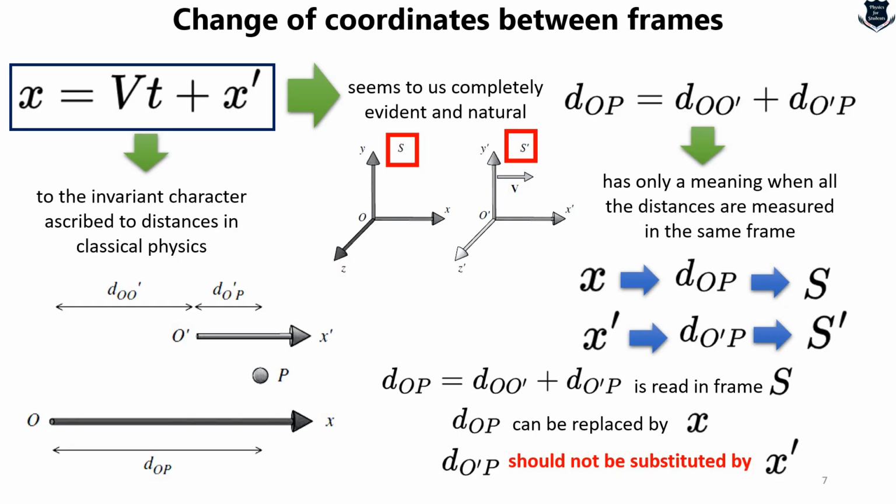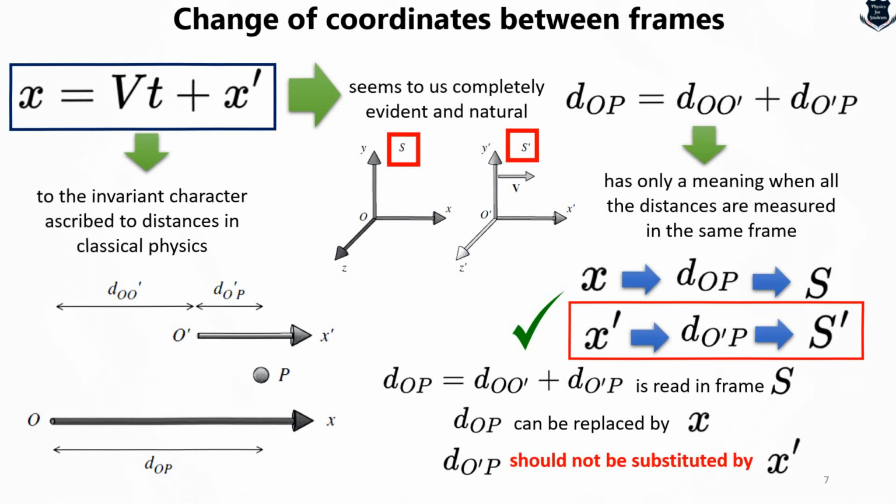However, owing to the invariant character ascribed to distance, it becomes correct to replace this part, that is, the value of DO prime P measured in S prime, by the coordinate x prime of the point P. So this actually shows how the coordinate transformation happens and which coordinate can be replaced by this and which cannot.